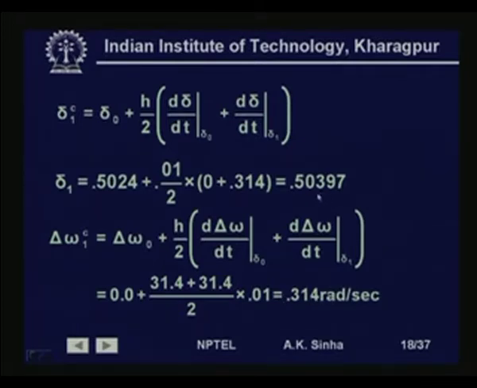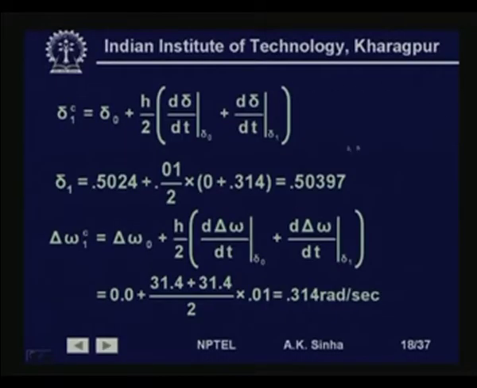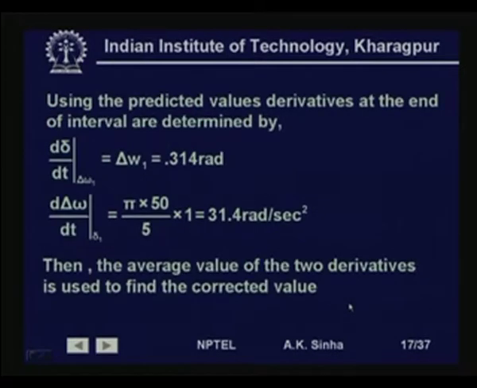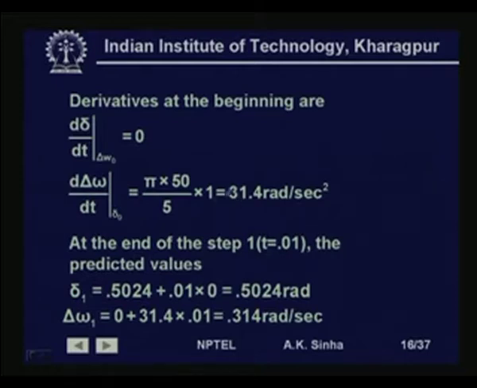So, we have now got the values for delta and omega at time t equal to 0.01 second. Using the modified Euler method, the values are coming out to be this much and this much. If we are using the simple Euler's method, then the values are coming out to be this one and this one.